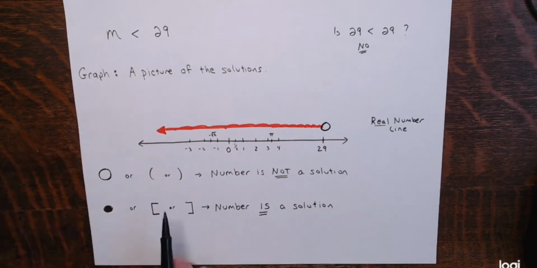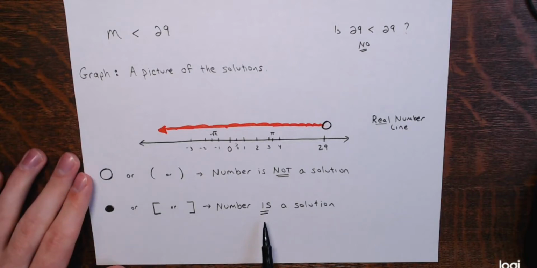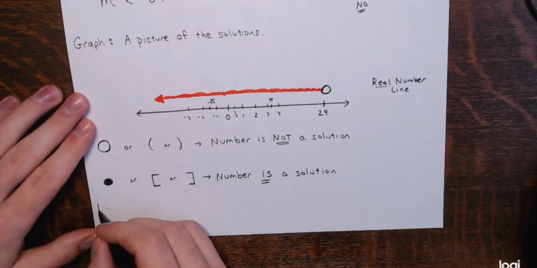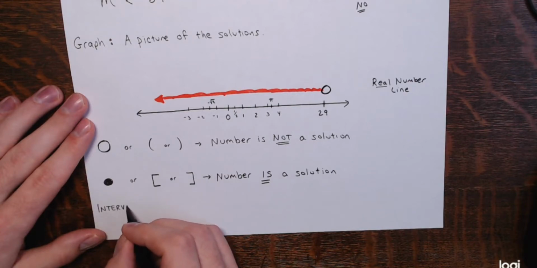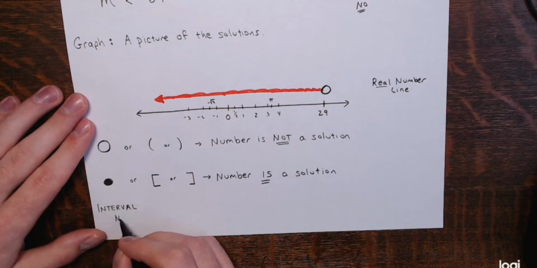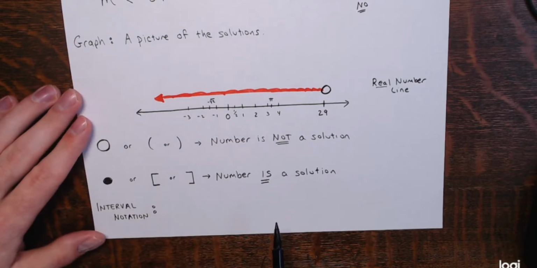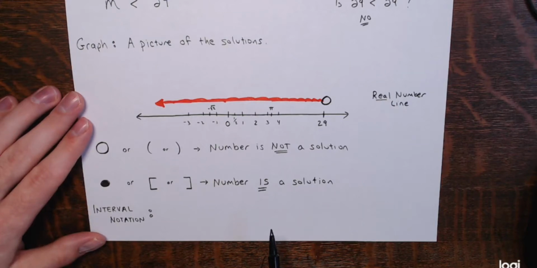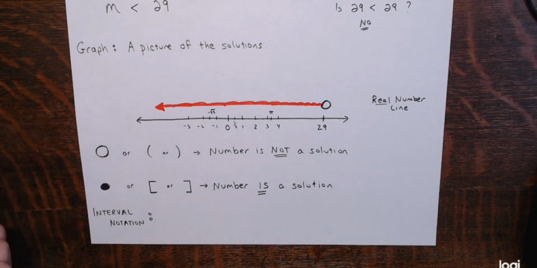And these parentheses and rectangular brackets that indicate if a number is not a solution or if a number is a solution, these show up in this thing called interval notation. Now, interval notation, again, it's just another way to express the solutions of an inequality. It's just another way to express a set of numbers on the number line.